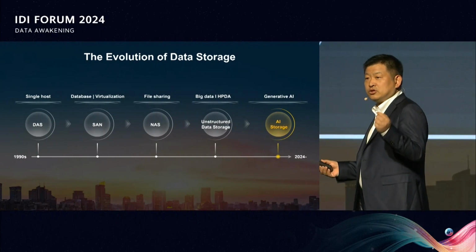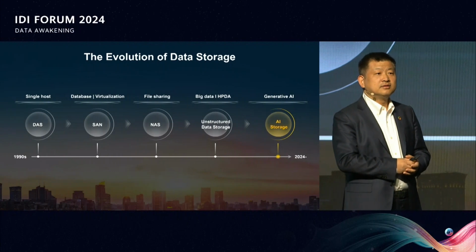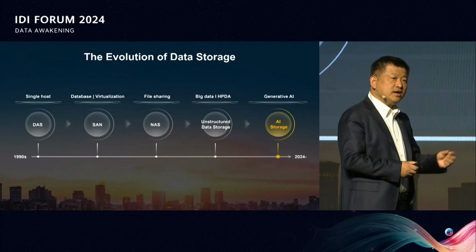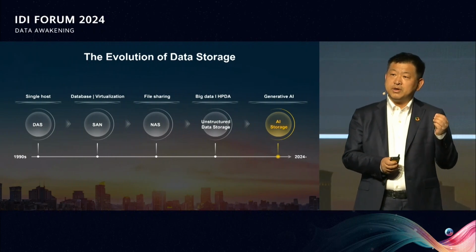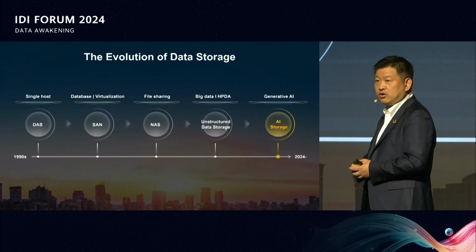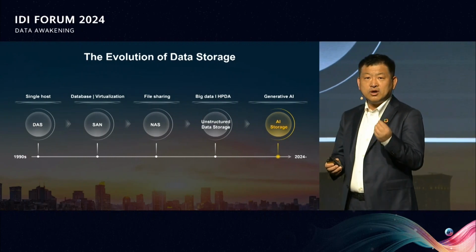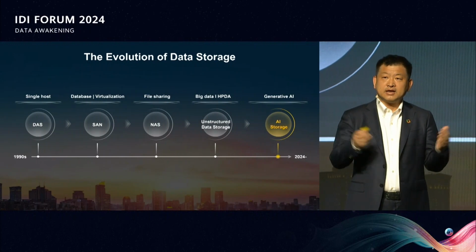And now, generative AI comes. The generative AI application is very much different from what we had before. We need a big amount of data with different paradigms to support these kinds of algorithms running efficiently. And also, it's a big cluster.